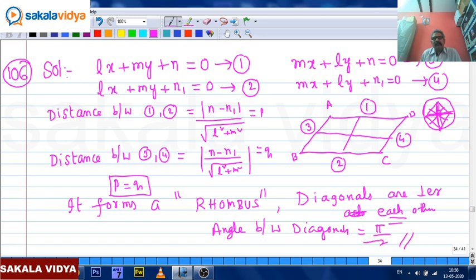So, that I have written actually 90 degrees. Why is it not a square? See, you check it, the slope of the first line is minus L by M, the slope of the third line is minus M by L, the product cannot be equal to minus 1. So, they are not perpendicular. So, it is not a square.